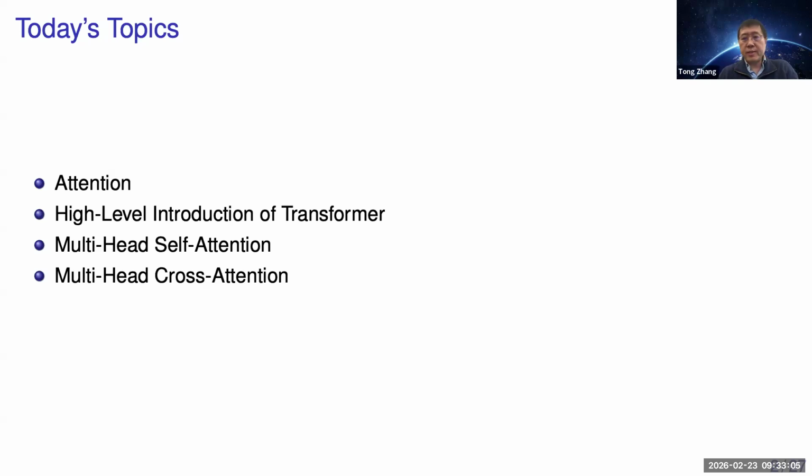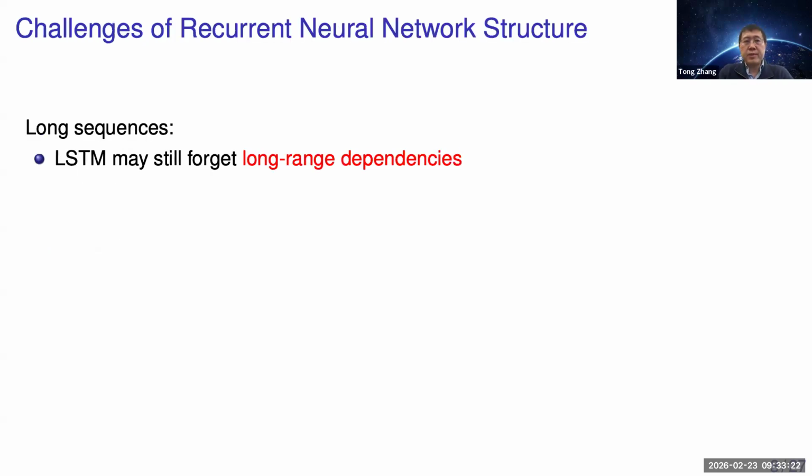Attention has become very, very important. It's essentially the key component of the transformer, and we will see what issues it resolves. To see that, we start by looking back at recurrent neural networks.